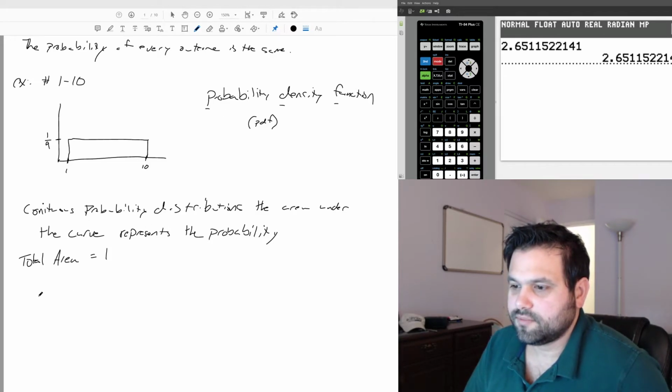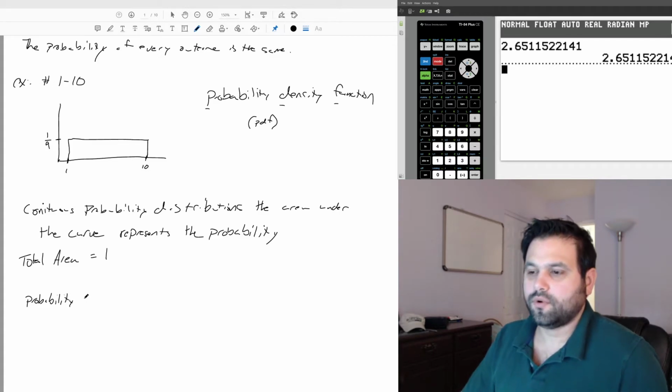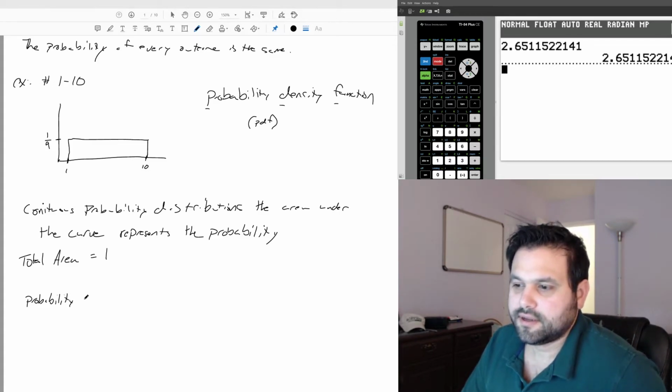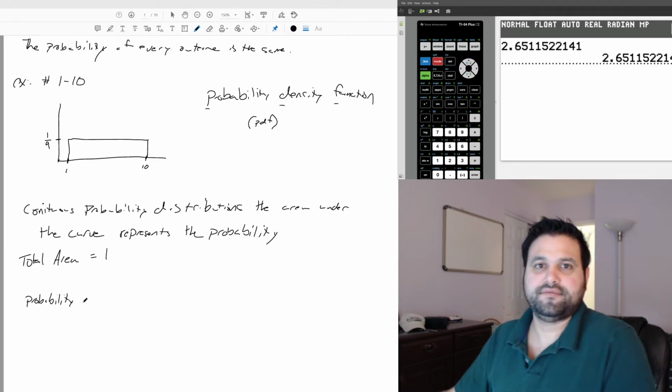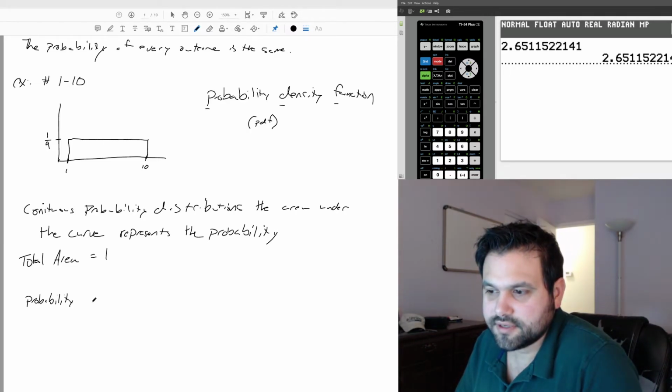Okay, so how we would be using this then would be to say, what's the probability that the number was between, let's say, 2 and 5?